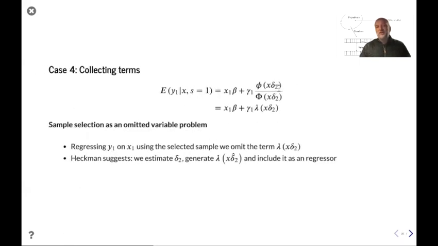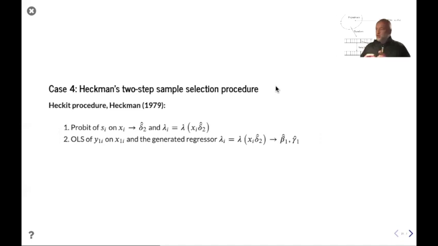You just put in delta, and then you have that. You save that on your computer, so as an additional explanatory variable, then you include that in an additional regression, and you just run OLS on y1 and x1 and then the generated regressor, and that's going to give you consistent estimates of beta 1 and also, of course, the coefficient to this variable.